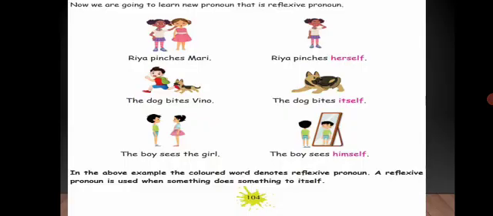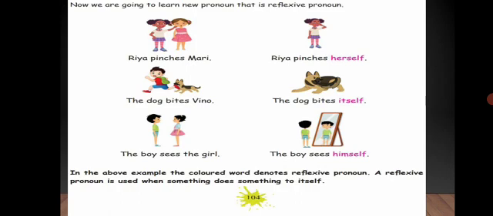Now we are going to learn a new pronoun, that is reflexive pronoun. Ria pinches Mary. Ria pinches herself. The dog bites Vino. The dog bites itself. The boy sees the girl. The boy sees himself. Look at these examples.